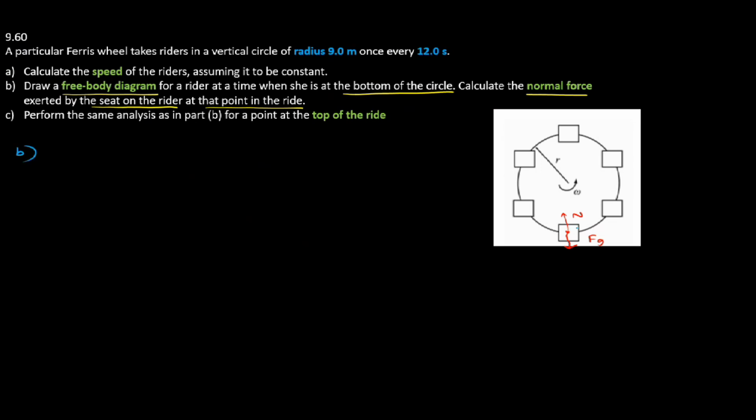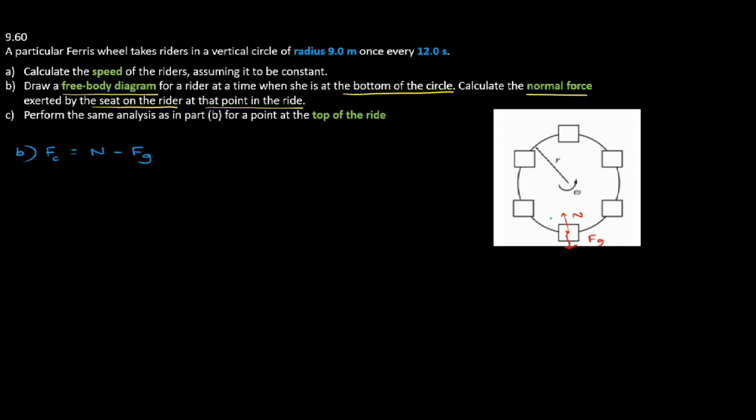If you notice, the normal force here at the bottom of the ride is used to overcome the force due to gravity, as well as it is used to provide the centripetal force required for the motion. So the net centripetal force you get at the bottom of the circle is equal to the normal force minus the force due to gravity.